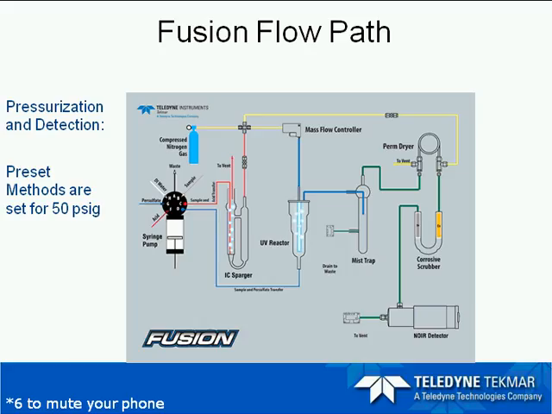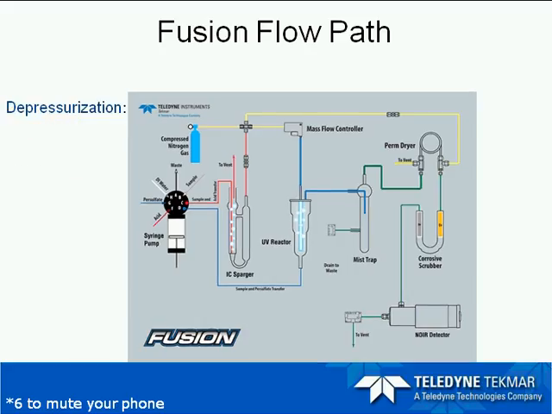Once we reach the set point of 50 psi, we allow the system to equilibrate. Once we've allowed a short period of equilibration, we take one read. We call that the static read. Once the static read has been taken, we open the exit valve of the detector and allow the system, through the flushing of the nitrogen gas, to flush out the CO2 and go back down to baseline.